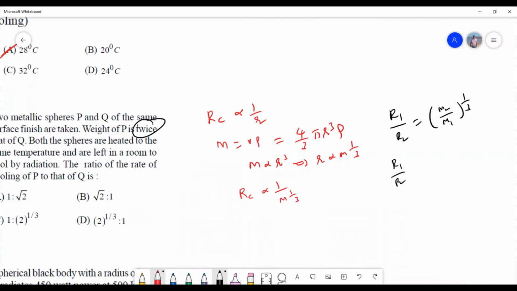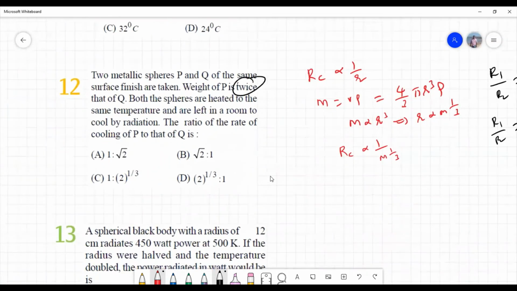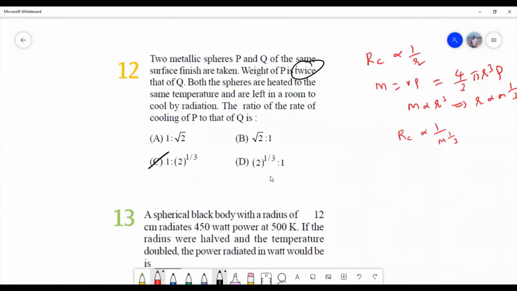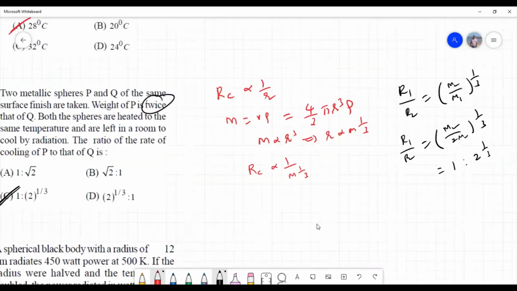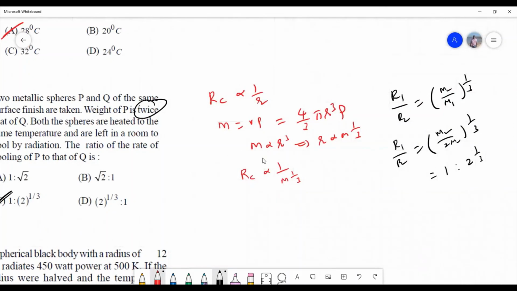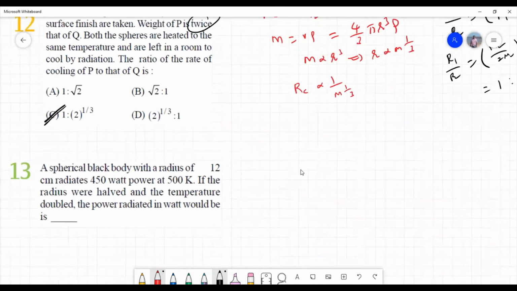So R1 upon R2 is M2 by 2M2 whole power 1 by 3. So it should be 1:2 power 1 by 3. Let's check the options. Yes, 1:2 power 1 by 3. It's a good problem. It depends upon the rate of cooling and how the mass depends on the radius of the sphere. We need to apply both the concepts.